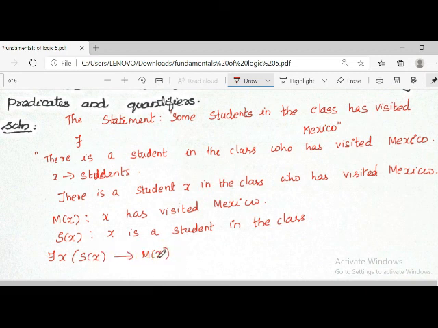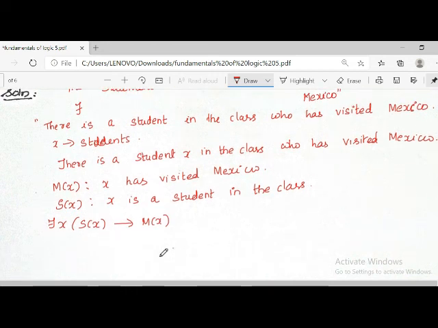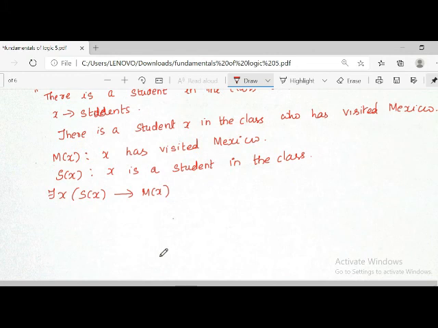We cannot say this because it is true when there is someone who is not in the class. For such a person x, s of x implies m of x, that is, false implies true or false implies false, both of which are true. So this statement cannot be expressed this way.